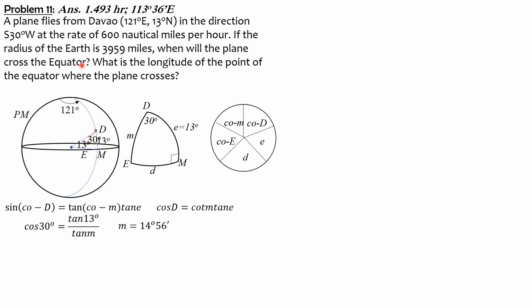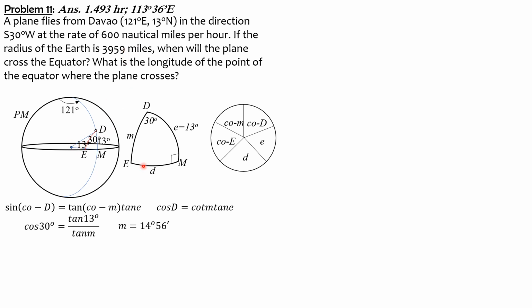In plane and spherical trigonometry 4, the definition of 1 nautical mile is an arc distance on the surface of the Earth, the terrestrial sphere, subtending 1 minute angle at the center, just like this.